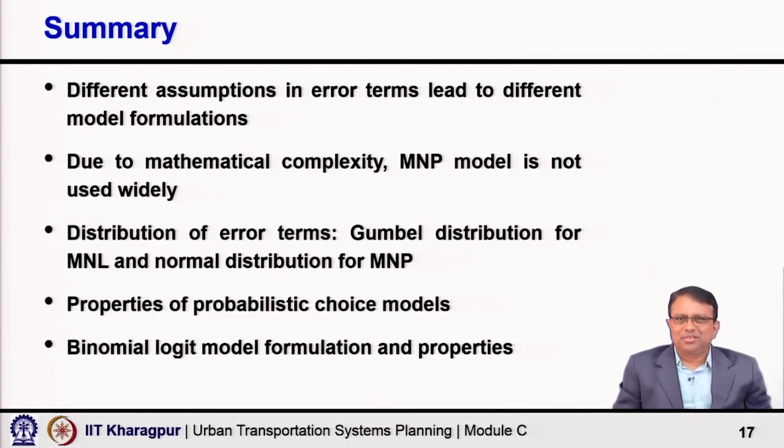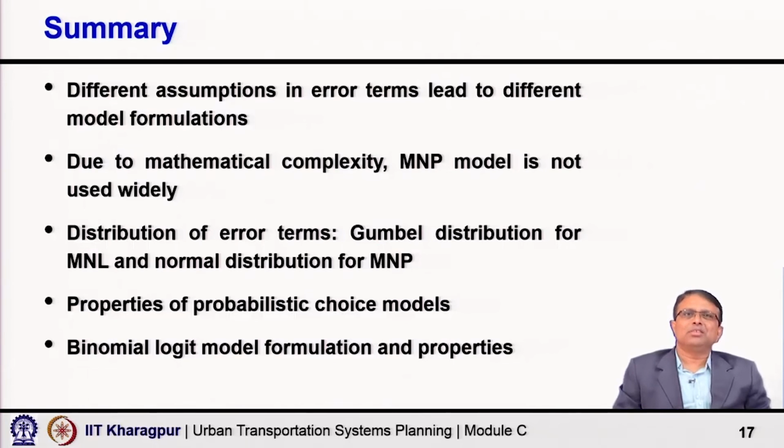So, with this, what we discussed in this lecture was various assumptions on the error term which led to different model formulations. Normal distribution led to the development of probit. Gumbel distribution led to the development of logit.